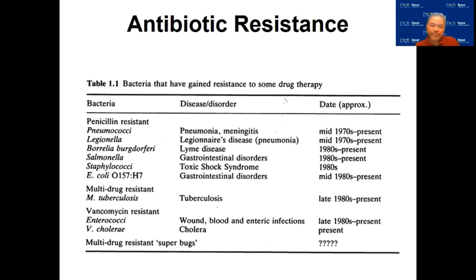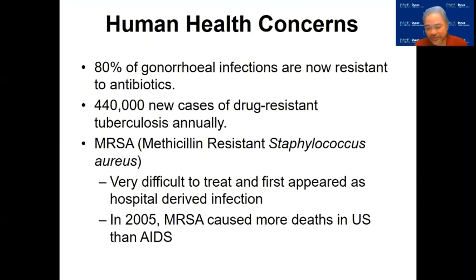And there's one book, they said winter is coming. So this is the winter, the development of this superbug. So why do we need to be concerned about these so-called superbugs? If we're going to look at what happened, 80% of gonorrheal infections are now resistant to antibiotics.